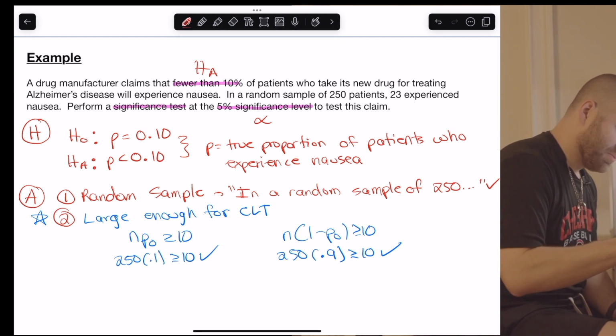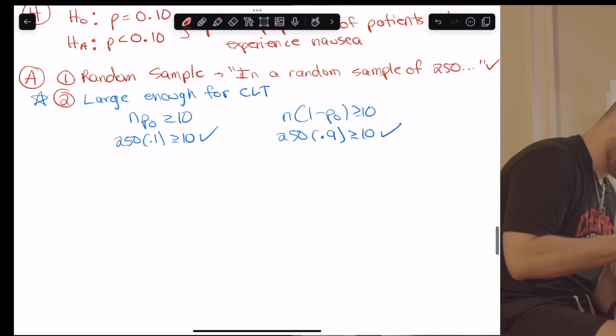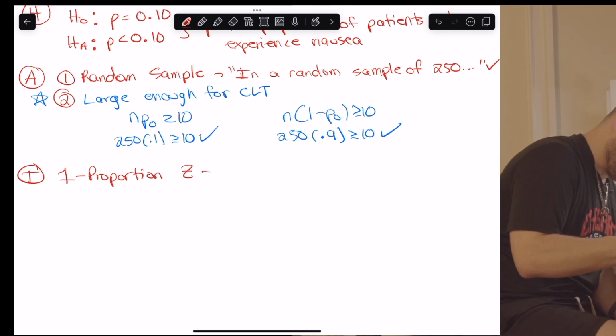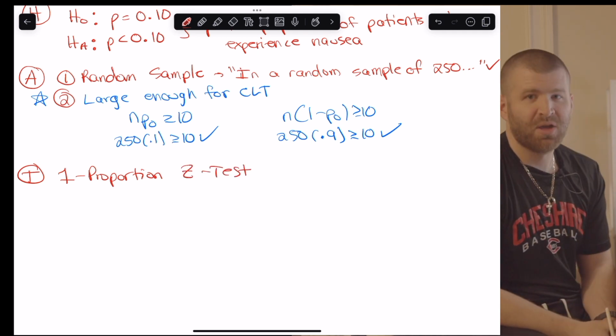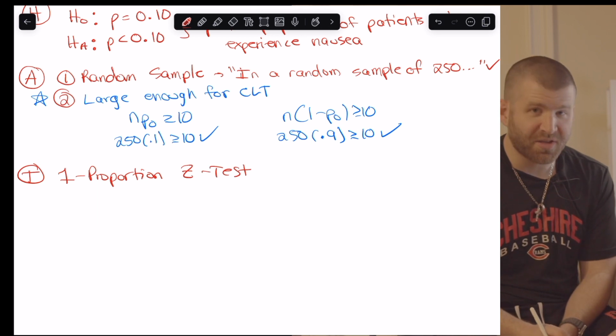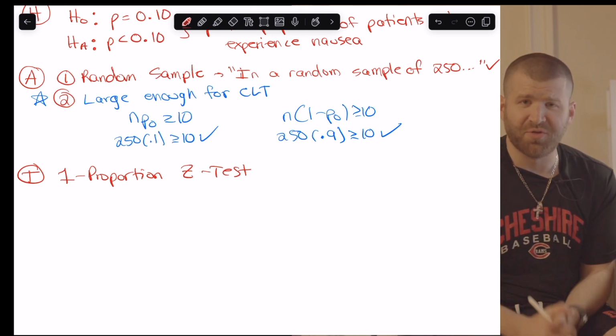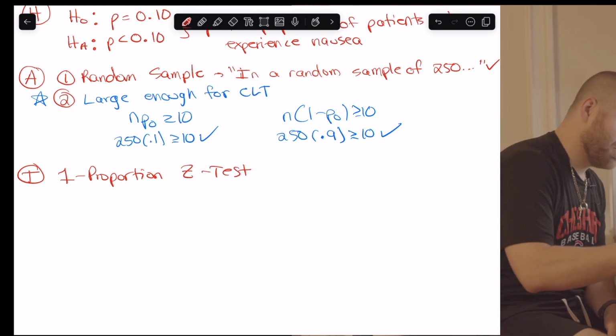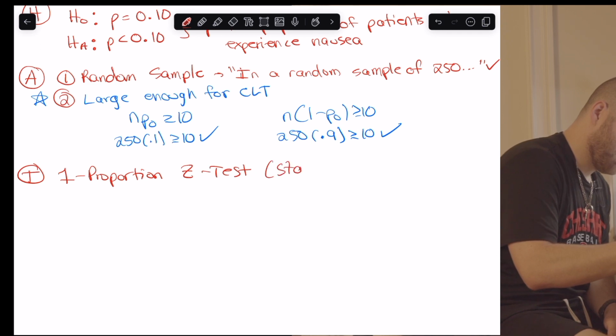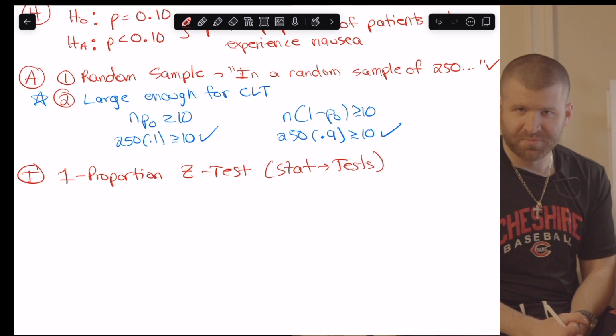So I now get to my test. This is a one proportion z-test. We will go over how to do this on your calculator, but you're going to see it if you go into the stat and tests menu. You'll see it there, right?